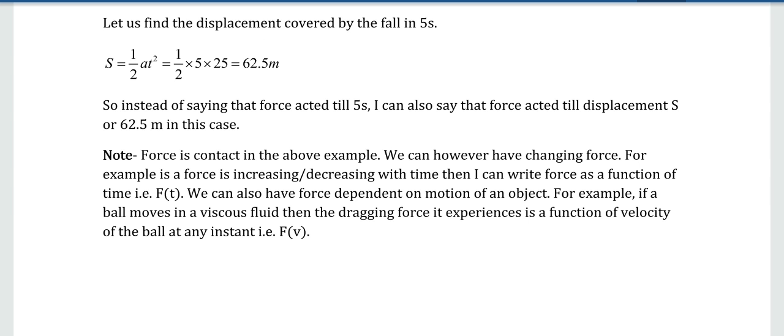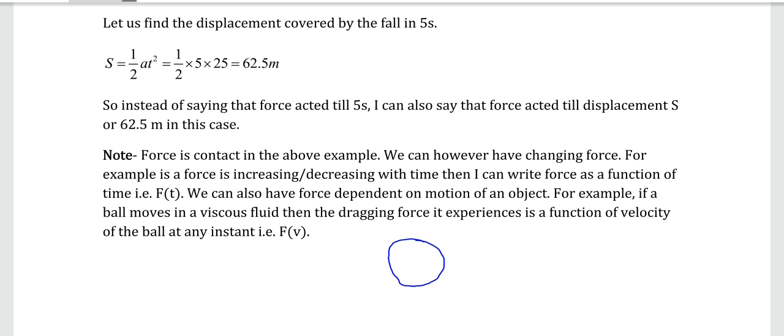We also can have a changing force. Imagine I have a ball, and I apply a force, and let that force be a function of time. So what would happen?